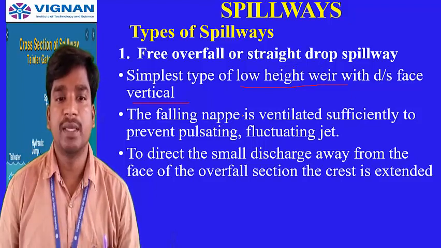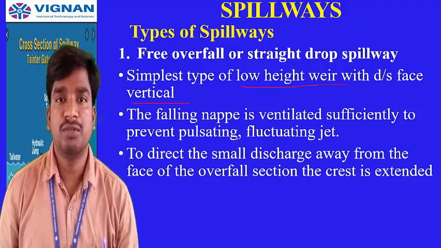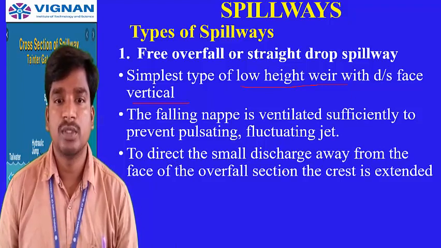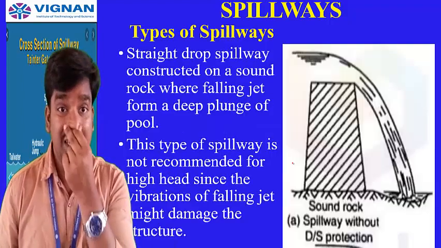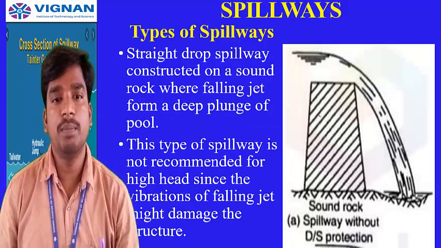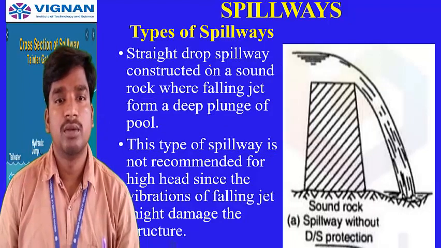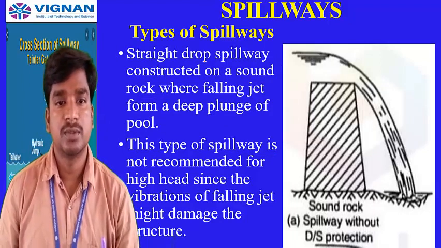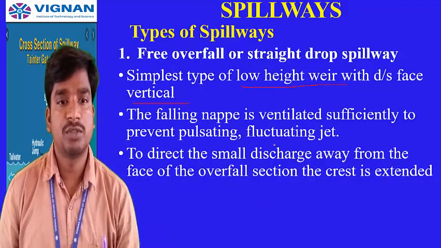The falling nappe is ventilated to avoid vibration or fluctuation of the jet. Here you can see the picture, the first one, straight drop, or we can call it free overfall spillway.